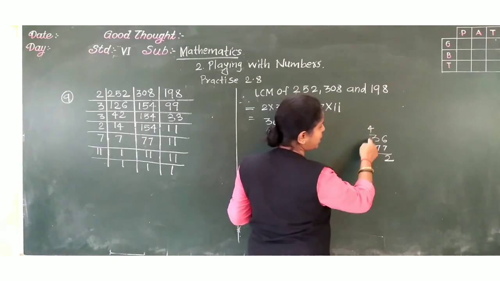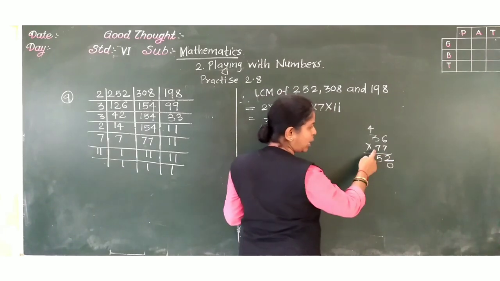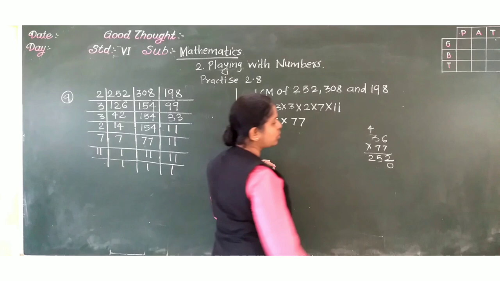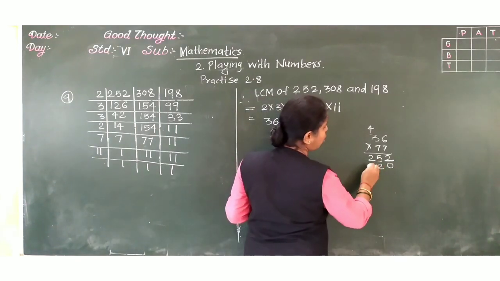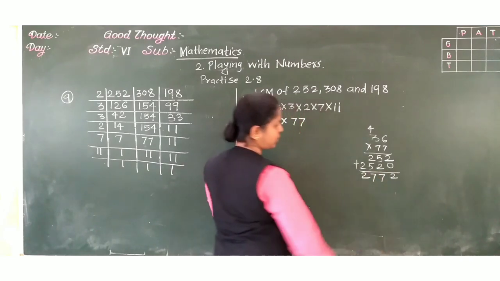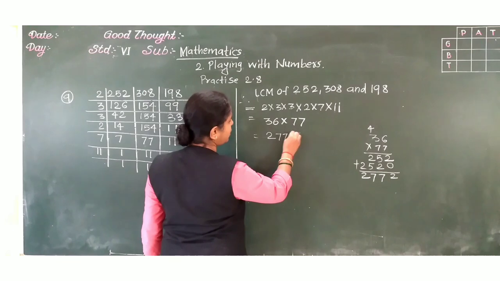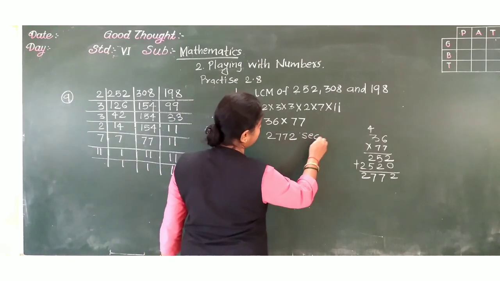Okay. 7 3s are 21 plus 4 is 25. Compulsory 0. Again we have to multiply by 7. So these same digits we will copy it. That is 2772 seconds.